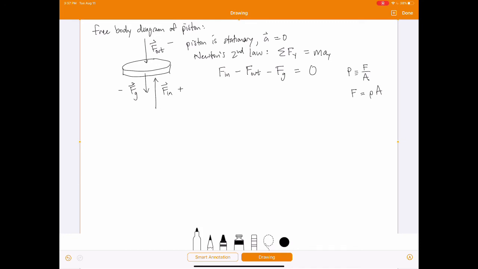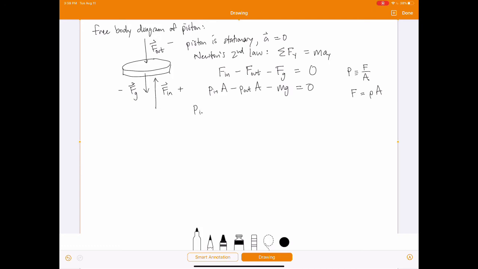So the force from the air inside the piston pushing up on it is equal to the pressure of the air inside the piston times the area. And then the force of the air outside the piston pushing down is P out times A. And then the force of gravity is mg. Okay? Now, remember, the first thing we're solving for is the pressure inside the piston. We're solving for P in.